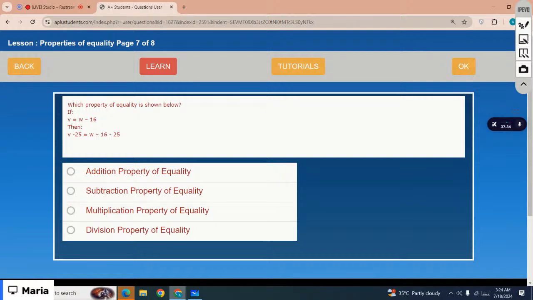We are subtracting 25 on both sides, right? So that keeps the equation balanced. So that is the subtraction property of equality.